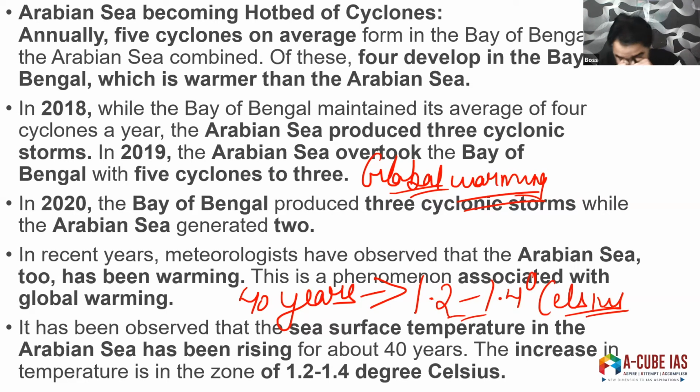If the temperature keeps rising like this, what change could it bring to our Earth? So this temperature increase, or you can say this global warming, is one of the primary reasons why there are so many cyclones developing in the Arabian Sea. Okay.